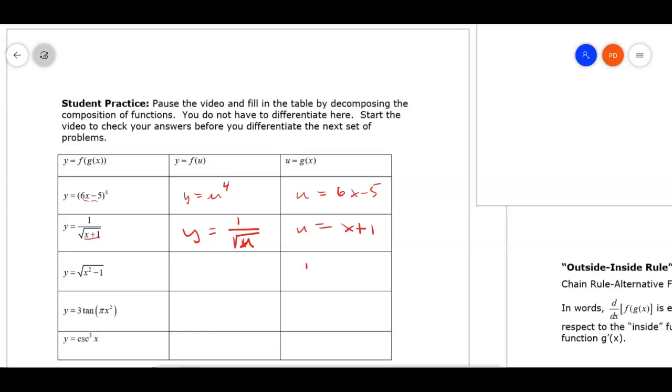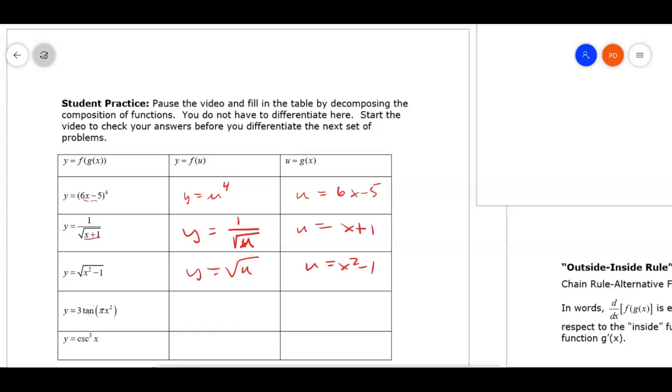Here, I'm going to define u as x squared minus 1, and y is the square root of u. This one, be careful, this is tangent of something squared. Note, if you're going to square the trig function, the squaring, and we'll see in the next example, goes right next to the trig function.